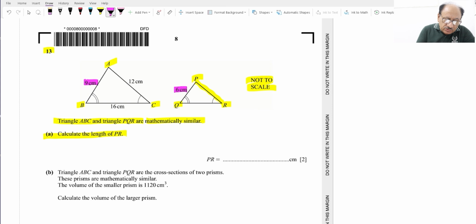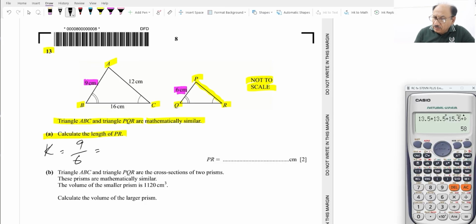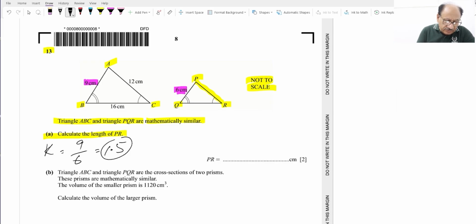For the ratio we can use these two sides, and K will be equal to 9 over 6. 9 divided by 6 will be equal to 1.5. So 1.5 is the k value. And now we will be dividing to get this side.